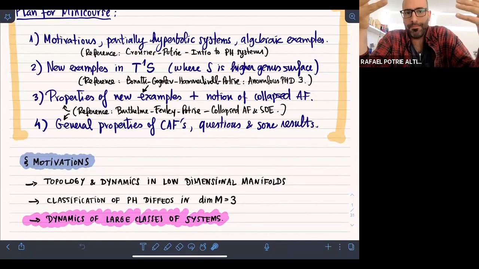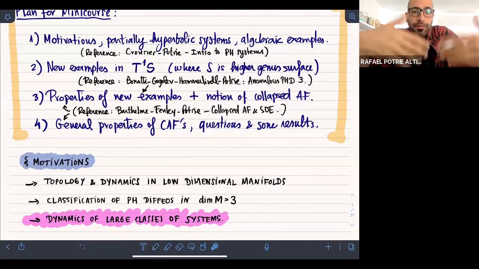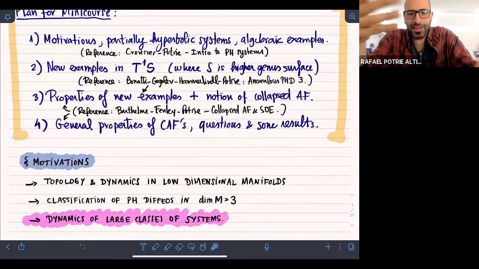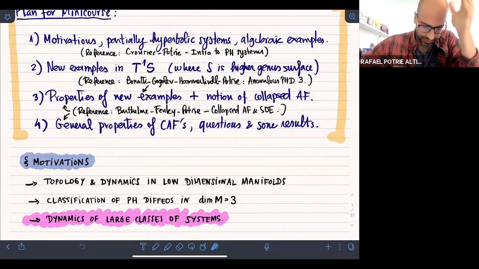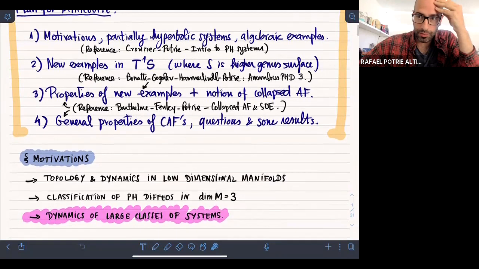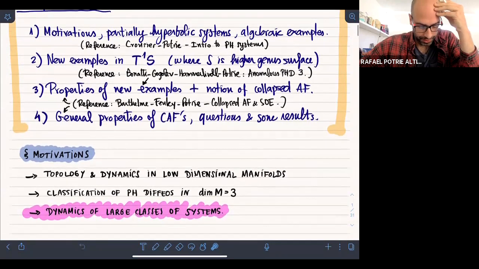And my main goal with this mini course is to present this class of examples, give some properties, and give whoever is interested a tool to play around and ask questions about dynamics, etc. Okay, so this is the goal for the mini course.